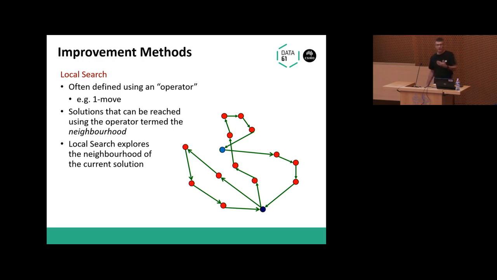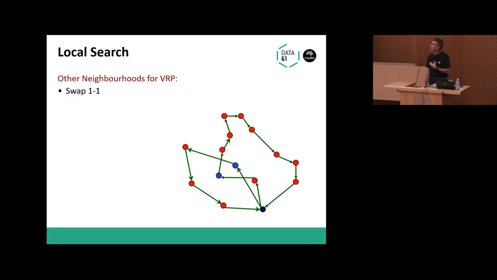And local search simply explores each of the neighbourhoods. Another example of a neighbourhood is the swap 1-1, which is taking one customer from one route and swapping it with another customer from another route. Or a 2-1 swap, taking 2 and 1.